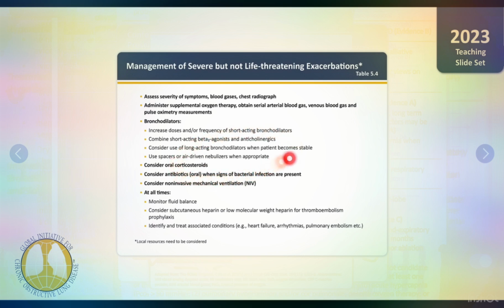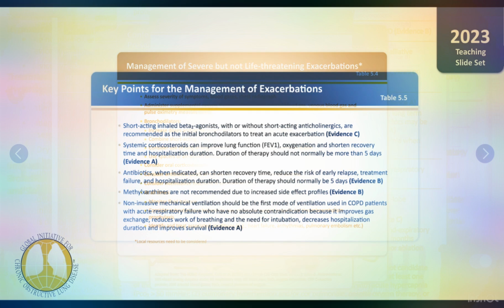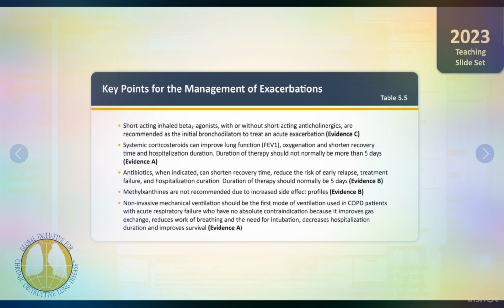Use a spacer or air-driven nebulizer when appropriate. Then we should consider oral corticosteroids, antibiotics, NIV, and monitor the fluid balance. Consider subcutaneous heparin or low molecular weight heparin for thromboembolism prophylaxis. Then identify and treat associated conditions like heart failure, arrhythmia, or pulmonary embolism.